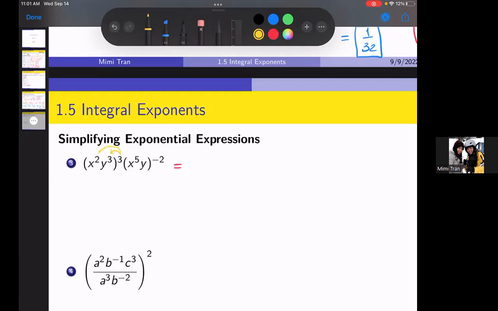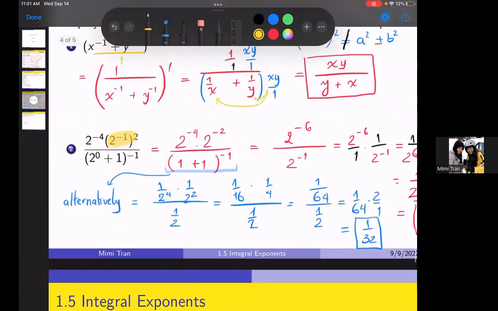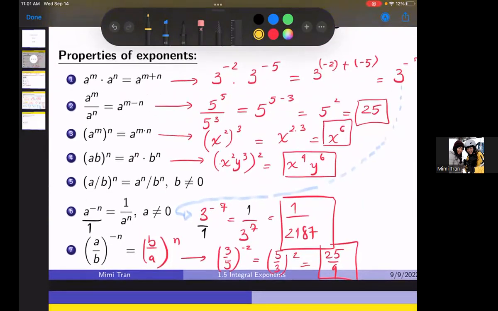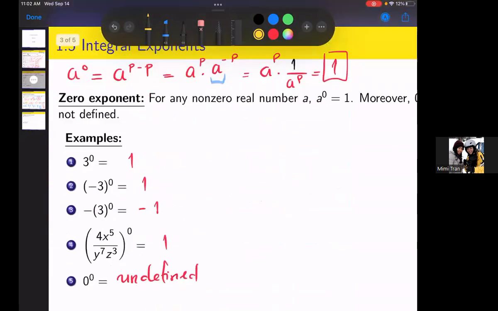So what rule allows me to do that? Do you guys remember? Rule number 4, right? (a times b) to the n. All you do is distribute the n into those factors. So same thing here.